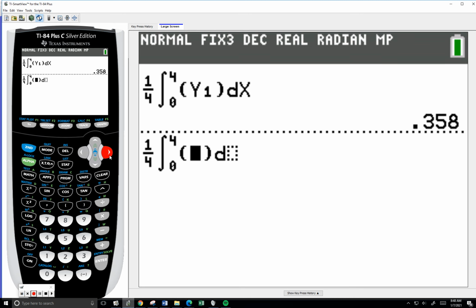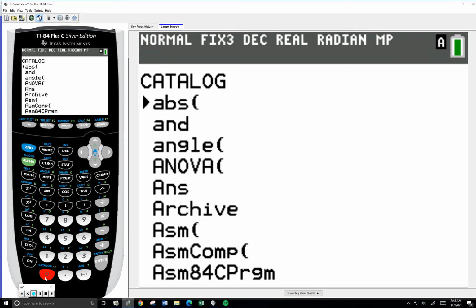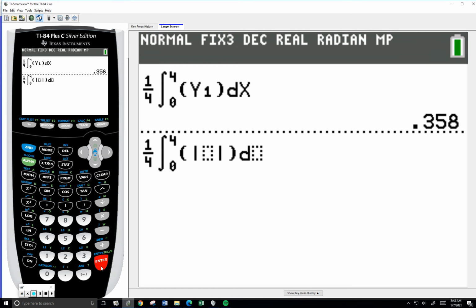I have a hard time remembering where they are. There's lots of different ways to get to them. My favorite is I use the catalog. Catalog is a list of all calculator functions. Absolute value starts with A, B, so it's the first one on the list. So the catalog is down here on the 0 key. So I just go second function, 0, and the very first choice is absolute value, like that. Just wave, if you need me to show it again.